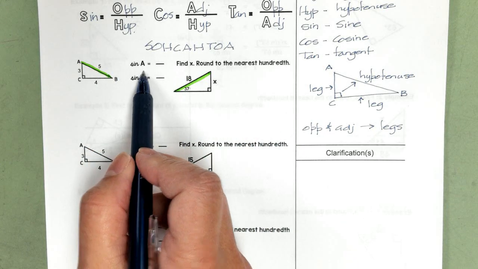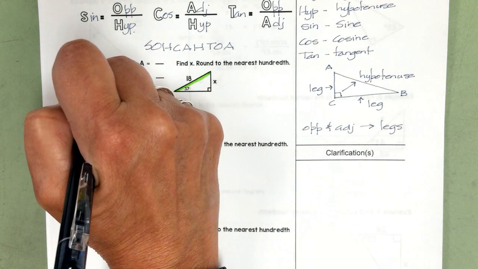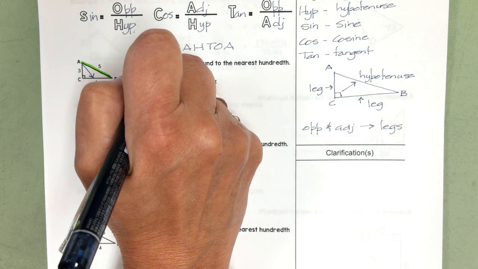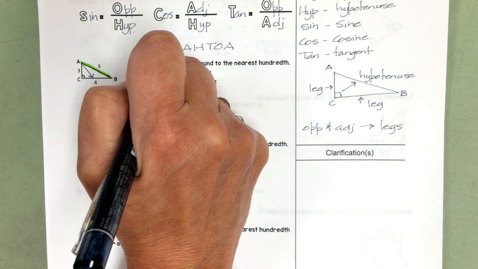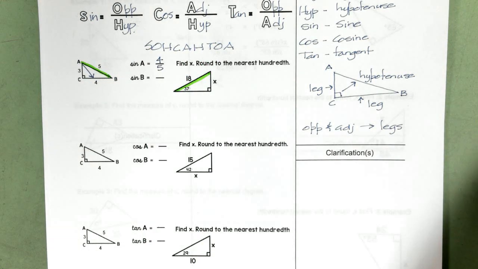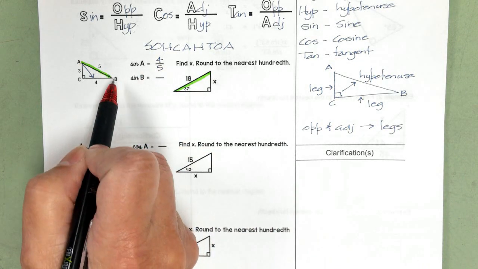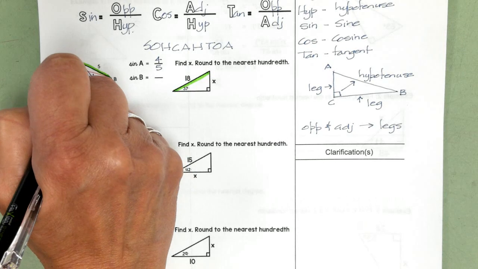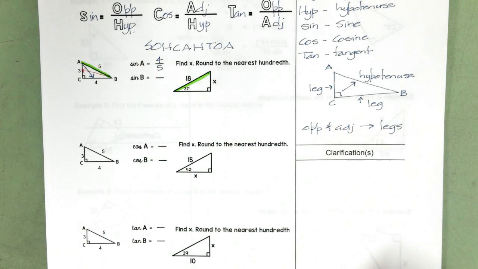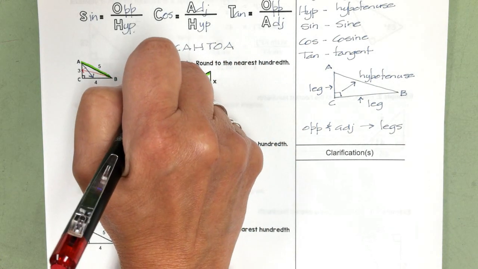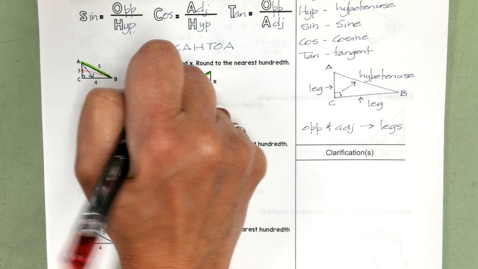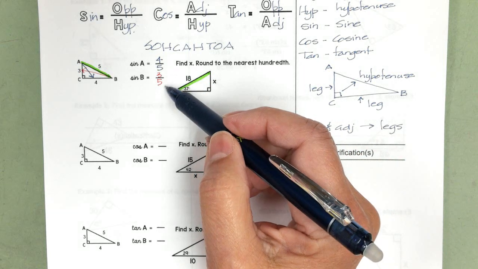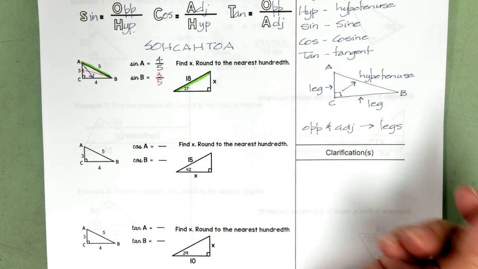If I'm looking at angle A, the opposite side measures 4, so my sine is going to be 4 over 5, opposite over hypotenuse. If I'm looking at angle B, the measure of the side opposite angle B is 3, so the sine of angle B is 3/5. But notice that both have the same denominator because it is the hypotenuse.